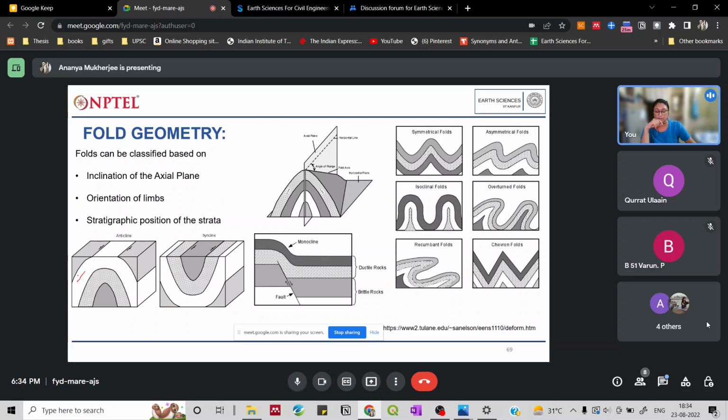That means that limbs are dipping away from each other with respect to the hinge and the axial plane. This is the axis of the fold and this is the hinge line. The plane that consists of both the axis and the hinge line is called the axial plane of the fold.